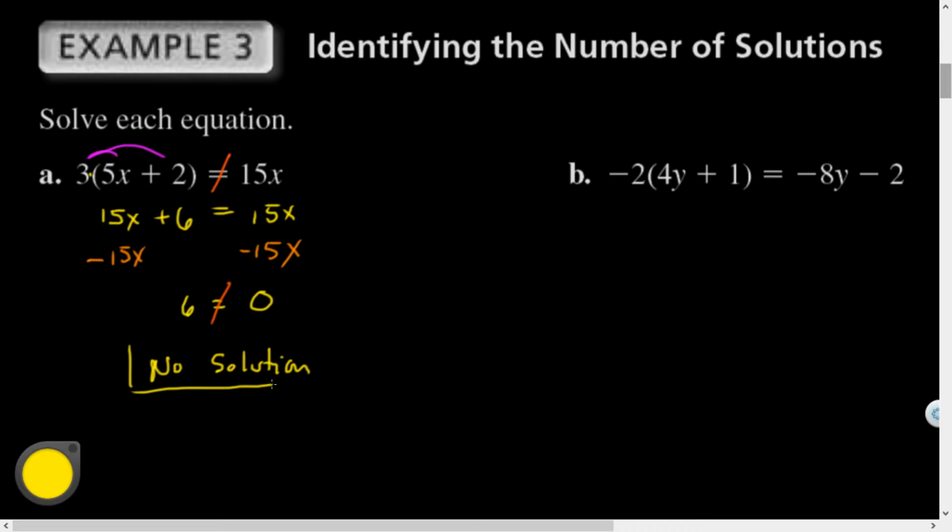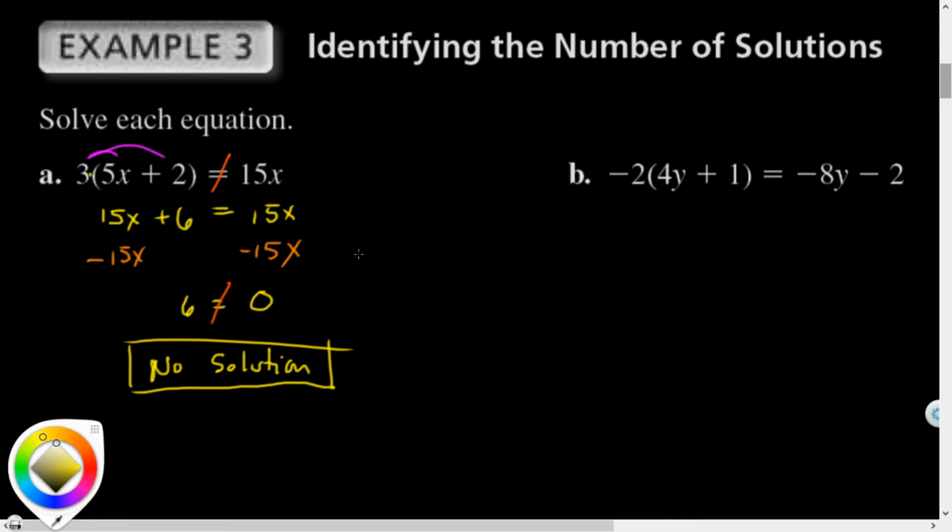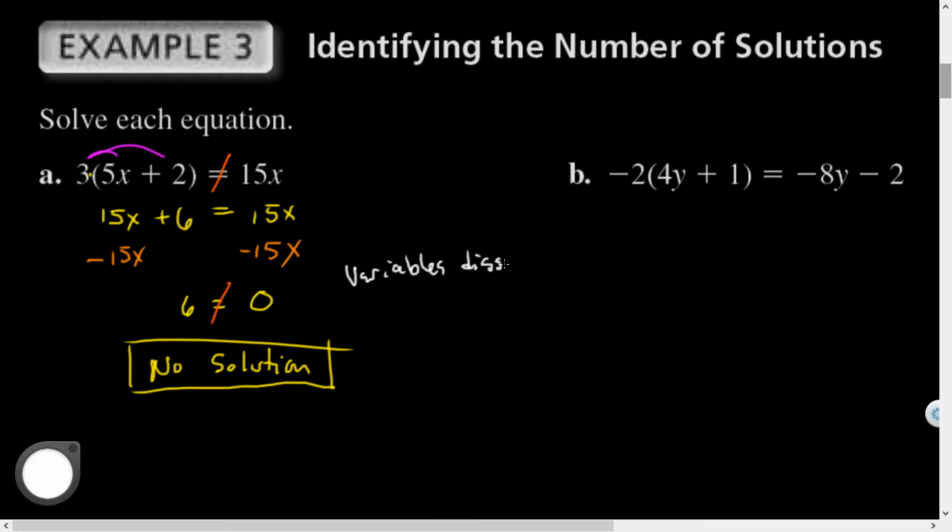Okay, so no solution. And the way that looks is when your variables disappear, and you are left with a false statement.